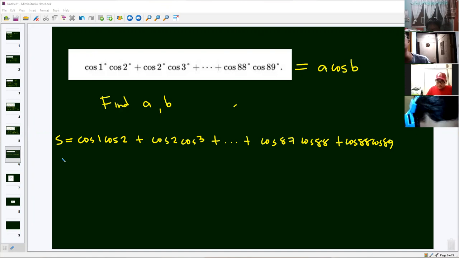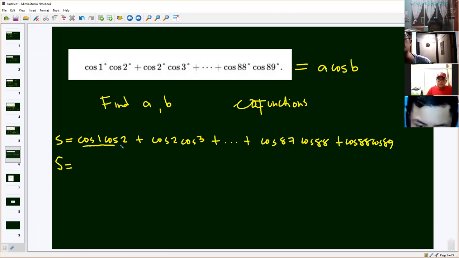Now, I will rewrite the whole thing using co-functions, guys. Okay? Let's start with the co-function of cosine 1, cos 2. Tell me the co-function of cos 1, cos 2, Jules. Cos 1 first. What's the co-function of cos 1?